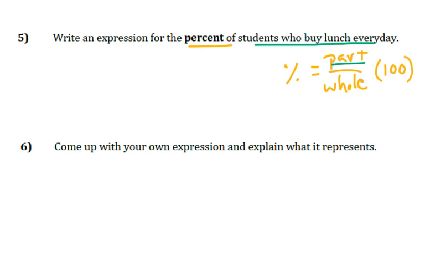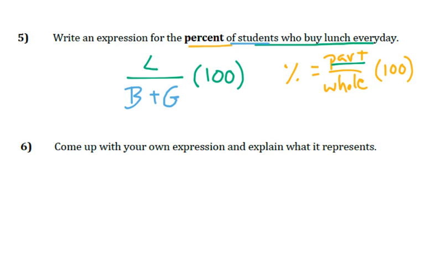Our whole is the number of students. The total number of students can be represented by B plus G, and the number of students who buy lunch each day is represented by L. So our expression is L over B plus G. But that's the part over the whole. We have to multiply this by 100 to get the percent.